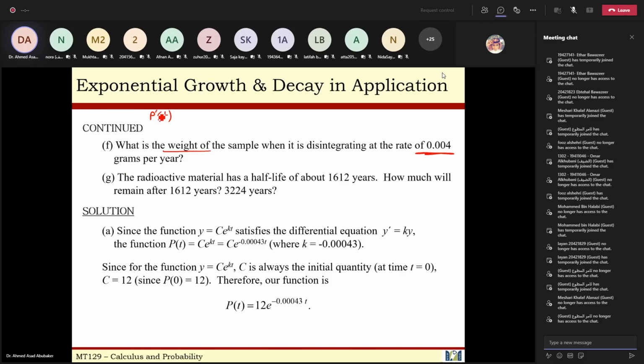So B prime equals negative 0.00043 multiplied by B of T. The rate is B prime, so 0.004 equals negative 0.0043 multiplied by B of T. So B of t equals negative 0.004 over negative 0.0043, because this is decay, rate of decay. This is approximately 9.3 gram.